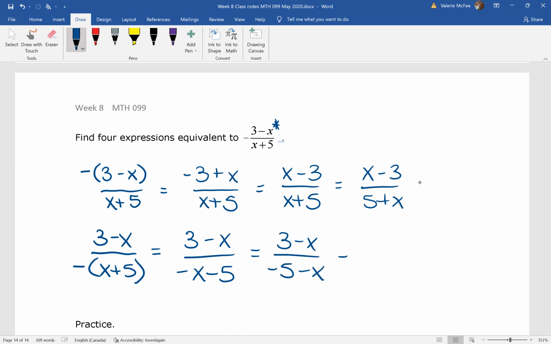We could have changed the order in the numerator. You can see there are more than 4 ways to write it, but you cannot find the negative of both the numerator and the denominator. Please be careful of this going forward.